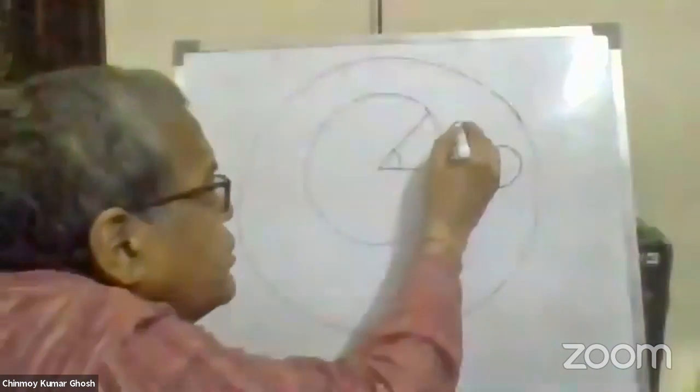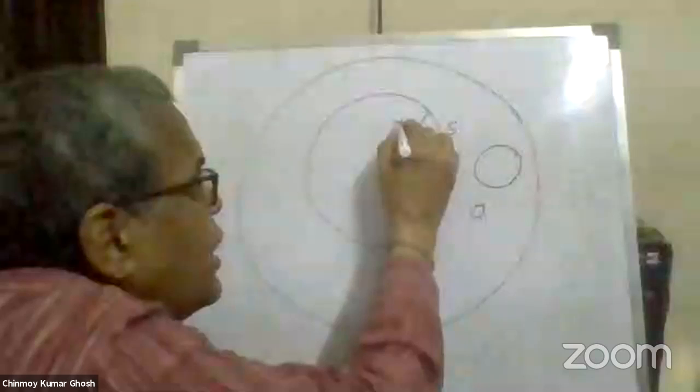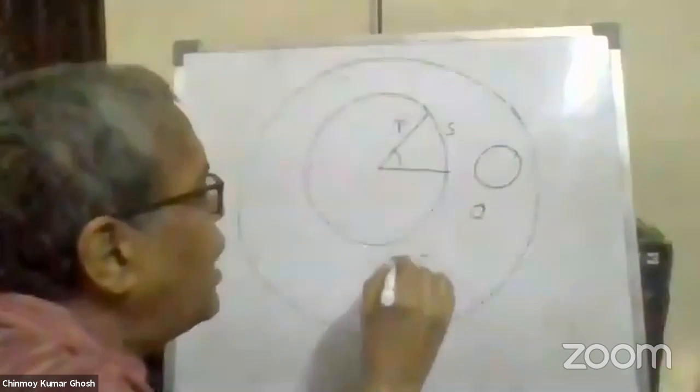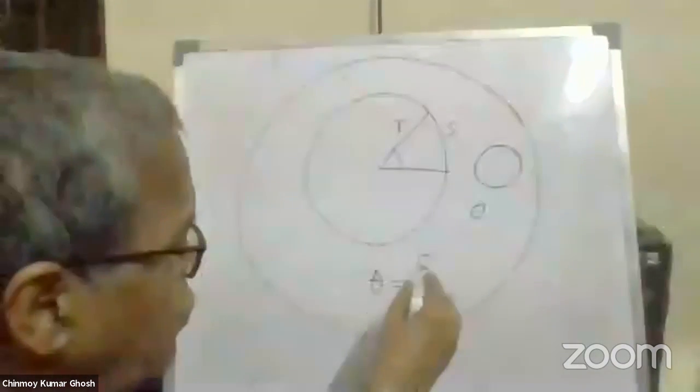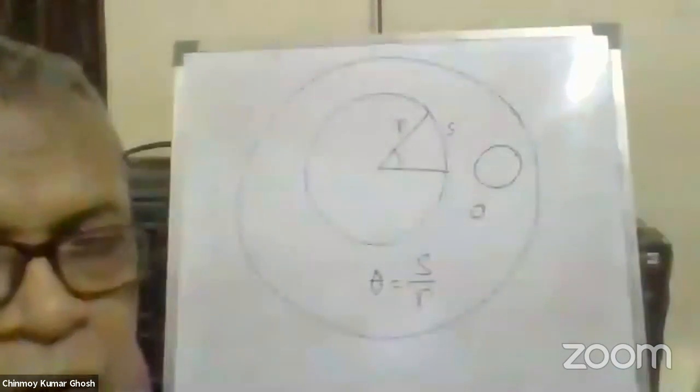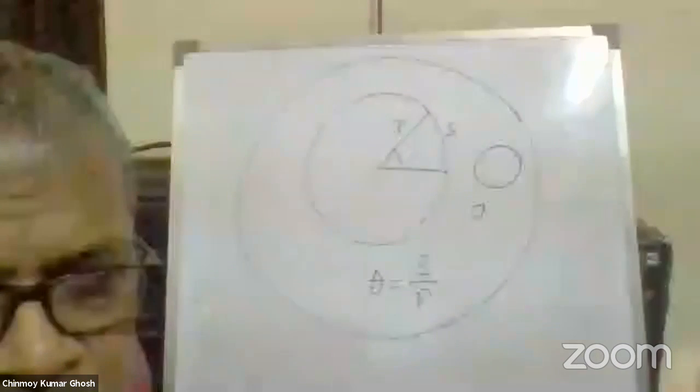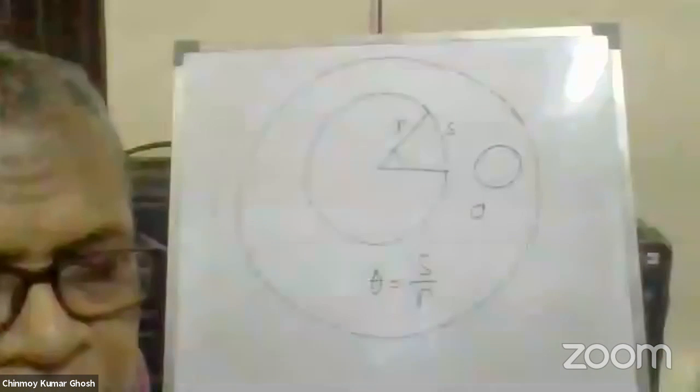If the arc length is s and the radius is r, then theta is equal to s divided by r, which means theta is dimensionless. Radian points to that situation only, that angle is a dimensionless quantity. But if you measure it in degrees, then you are not sure that it is dimensionless.